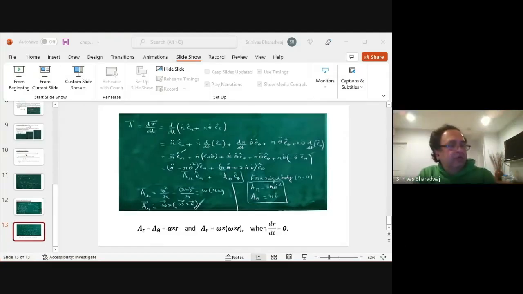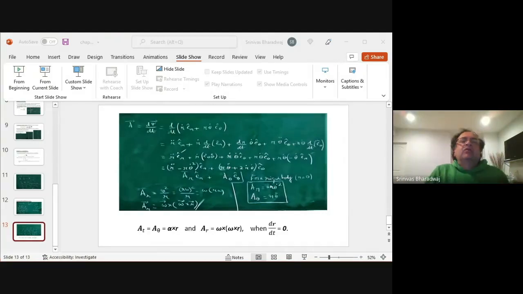For a particle which moves in a circle, the acceleration is both tangential and radial.